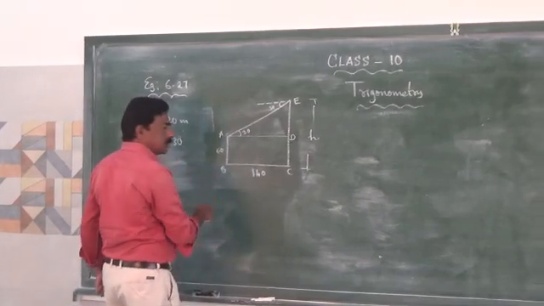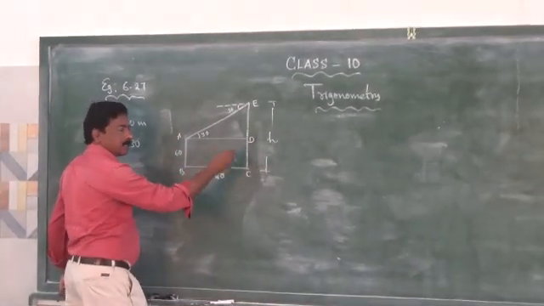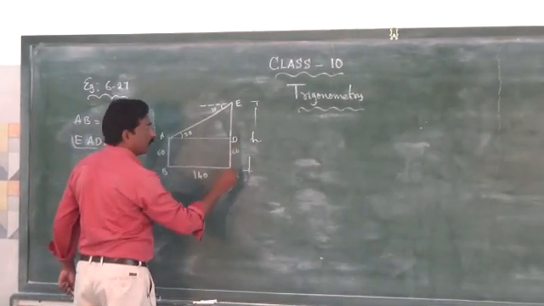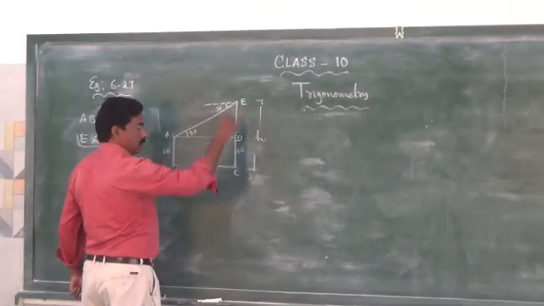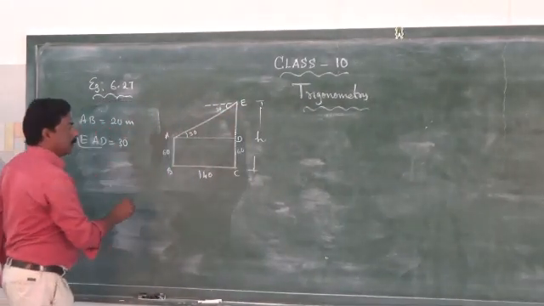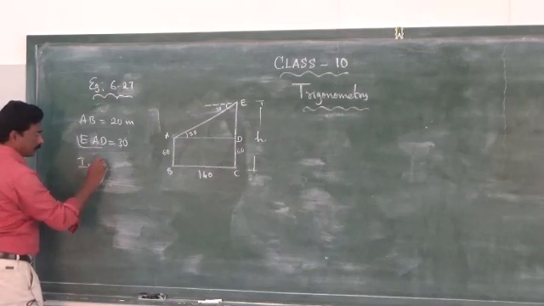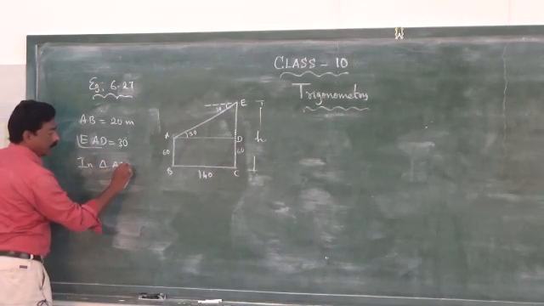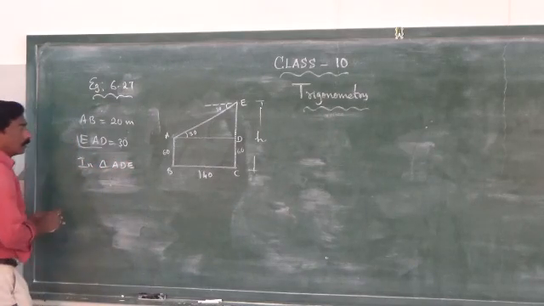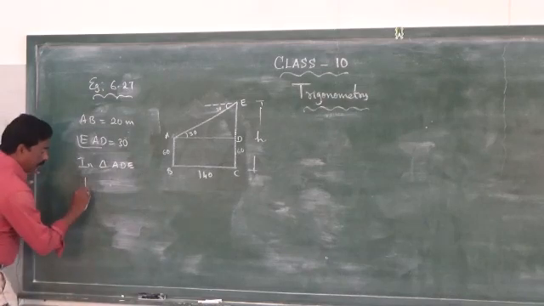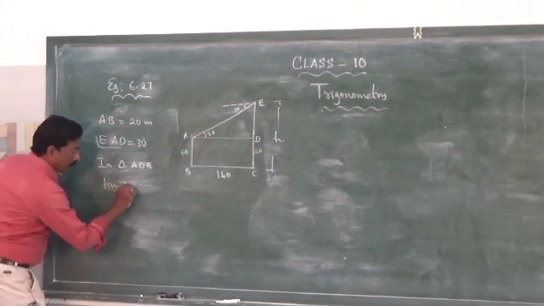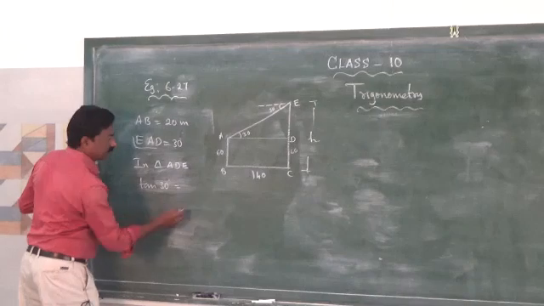If AB is 60 means automatically CD also is 60. You have to find what is in this triangle ADE. In triangle ADE, tan 30 is equal to opposite over adjacent.